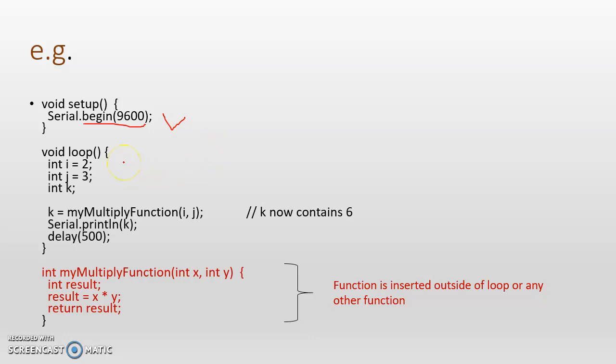Now in void loop, the integers i, j and k are defined, where k is the multiply function of i and j, so there will be a multiplication and k will be printed with the help of Serial.print and a delay of 0.5 second. This can be defined with the help of this integer multiply function, integer x and y, integer result, the multiplication and the return result.